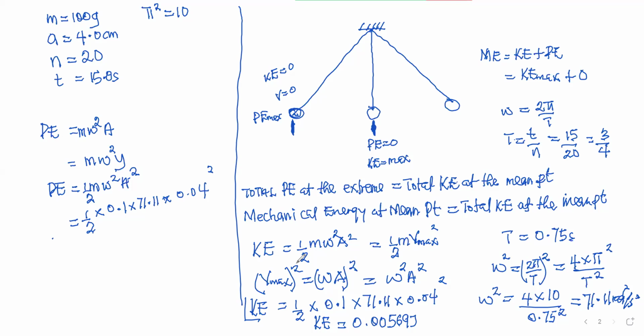A plane progressive wave is represented by the equation y is equal to 0.4 sine. Please, have you seen the question? Yes, please. Can I flip to the next page? Class, can I flip to the next page?